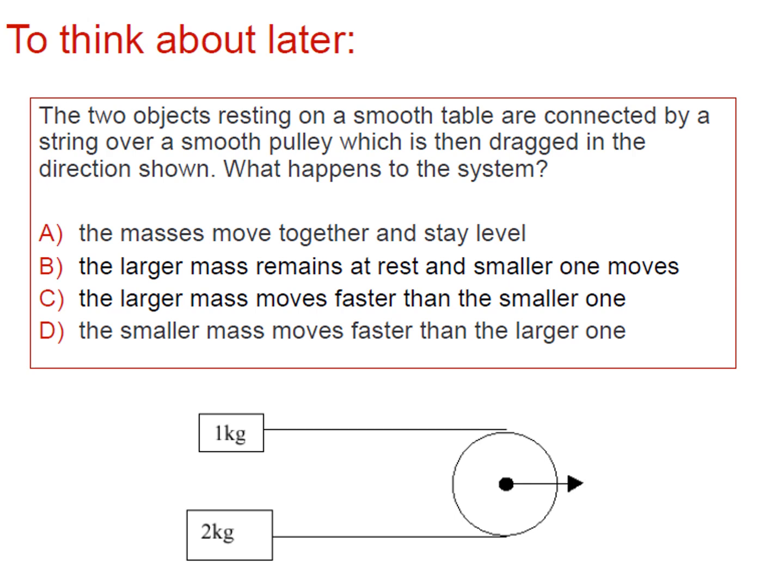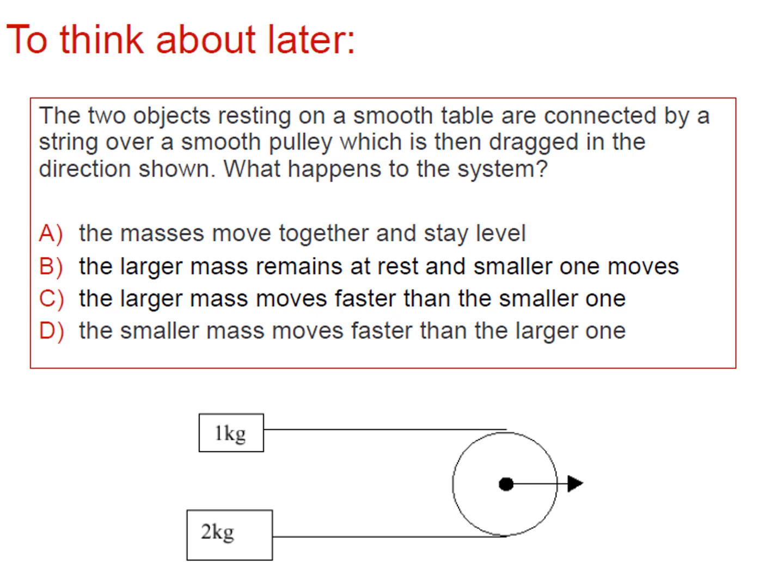Another one of those things for you to vote for if you wish. Two objects resting on a smooth table connected by a smooth pulley which is dragged in a direction as shown. What happens to the system? The masses move together and stay level. The larger mass remains at rest and the smaller one moves.